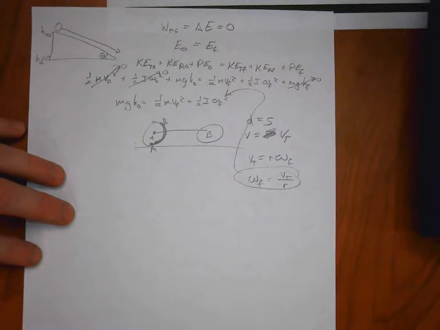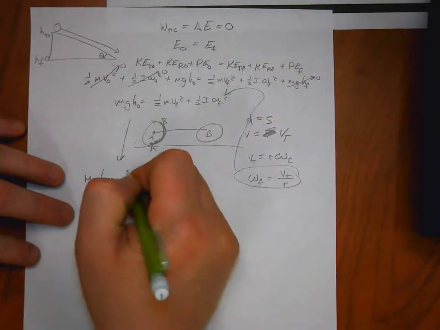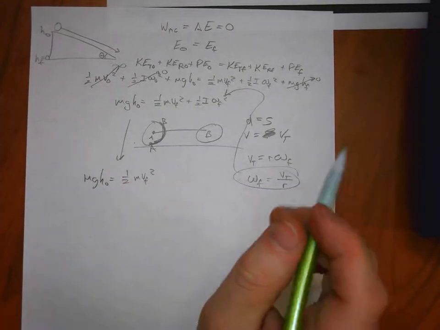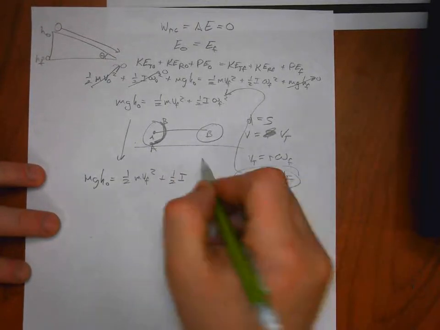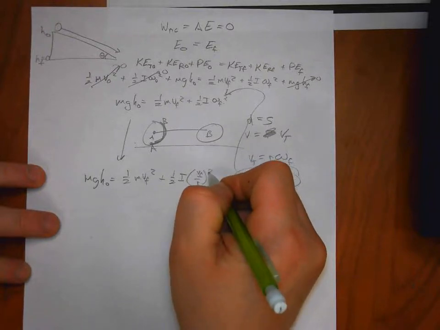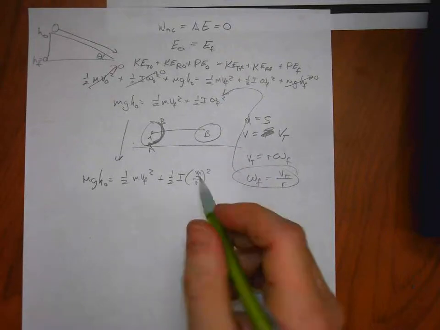And plug that in. Bring everything down. Mgh naught is equal to 1/2 m Vf squared, plus 1/2 I times Vf over r squared. I wrote Vf because Vf is the same as Vt because it's rolling without slipping.